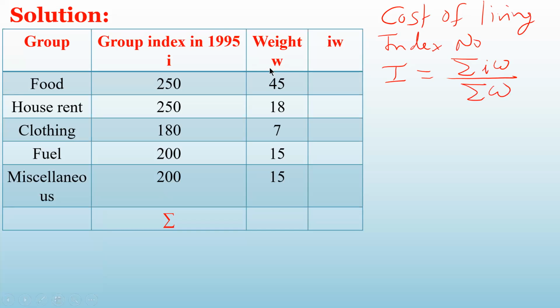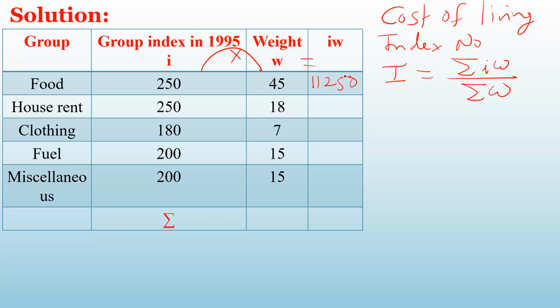Okay. So let us find out I into W. So I have prepared a column for IW. Multiply these two columns and write down the figure here. So 250 into 45 will give you 11,250.